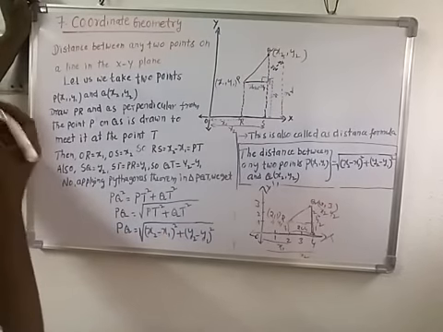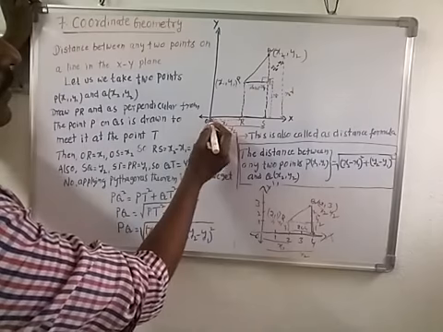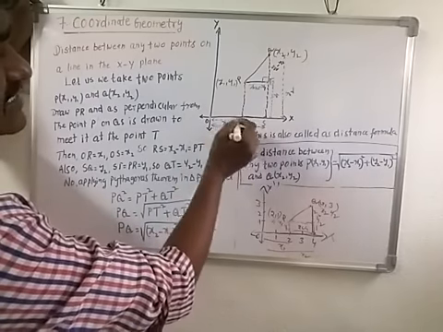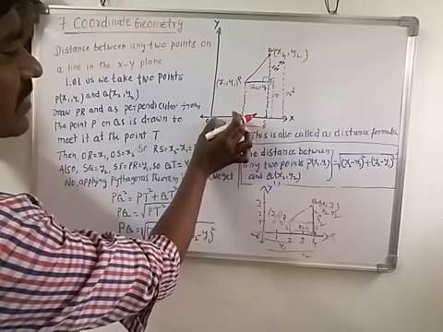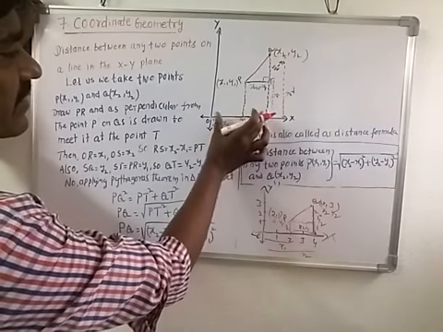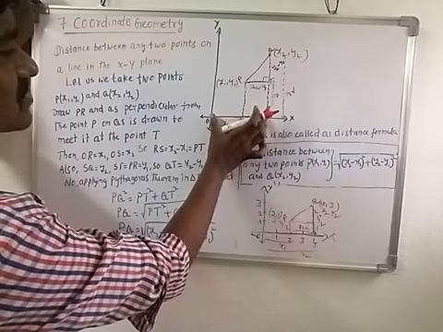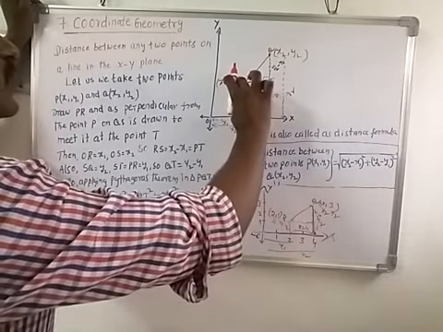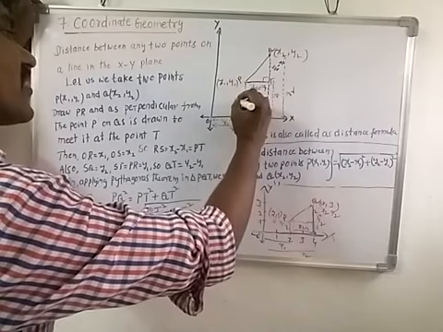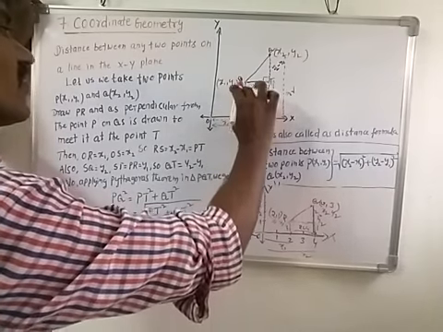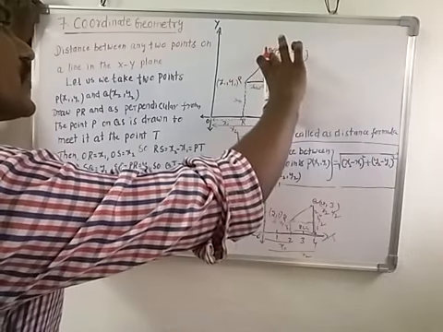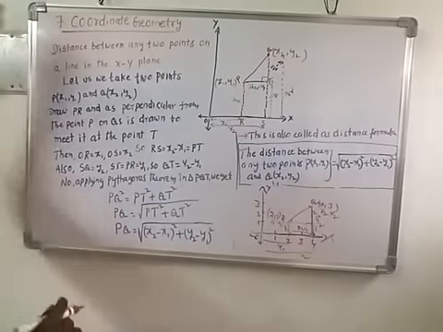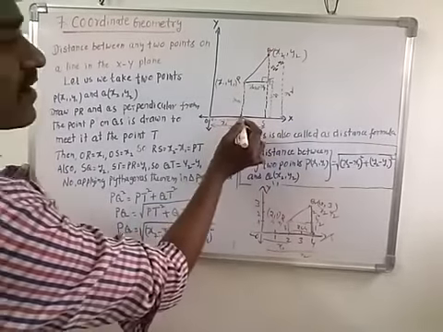Then now P is x1, y1. So here on the x-axis, this is x1 and here to here this is x2 distance. So here PR is y1, and SQ is y2. But now what is RS?